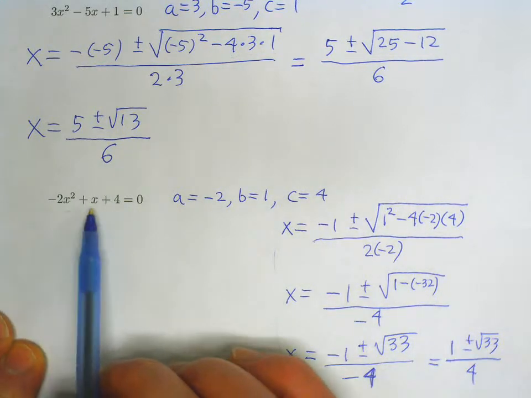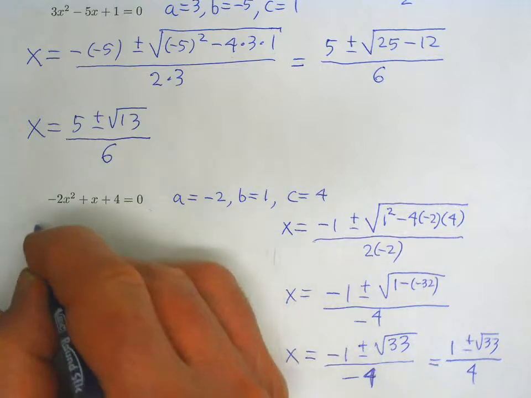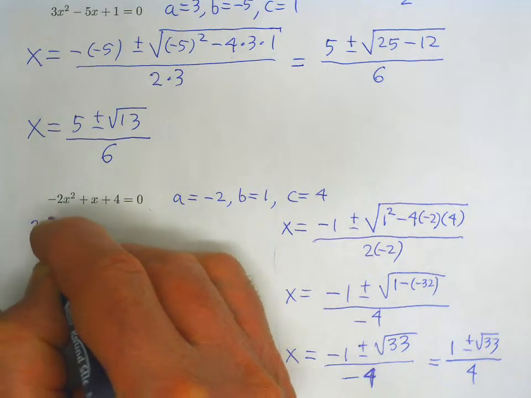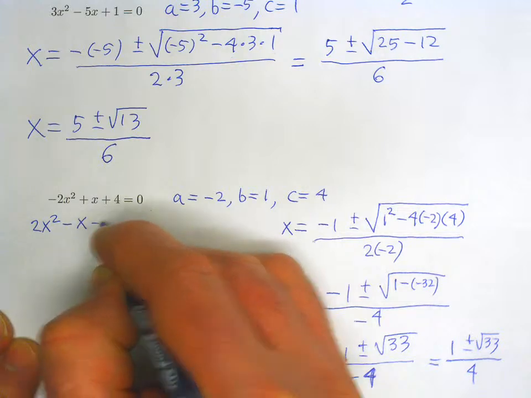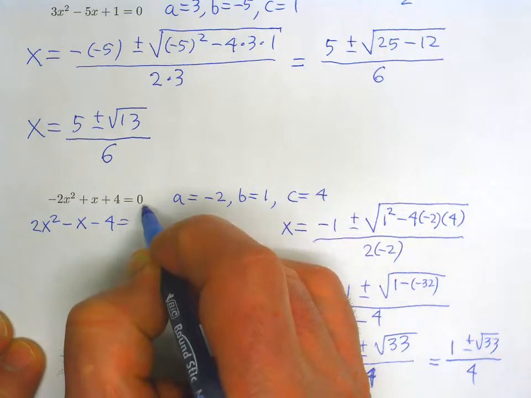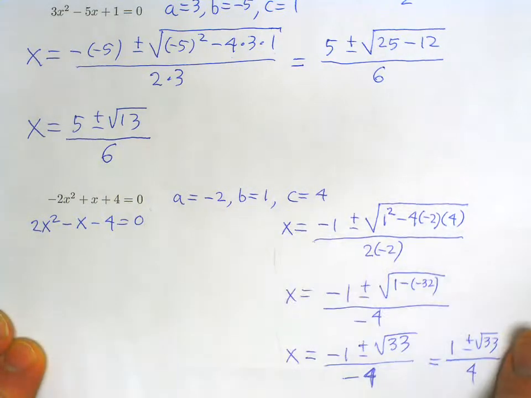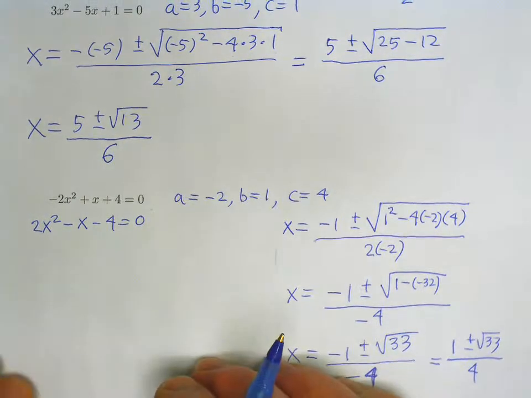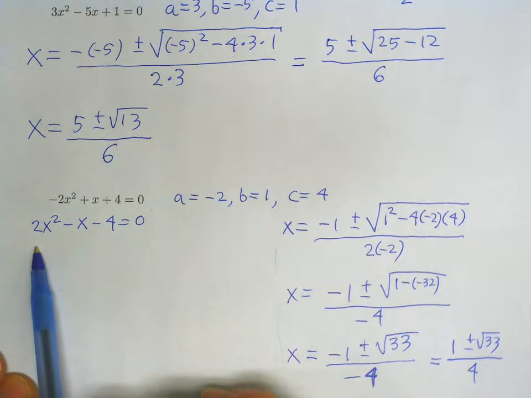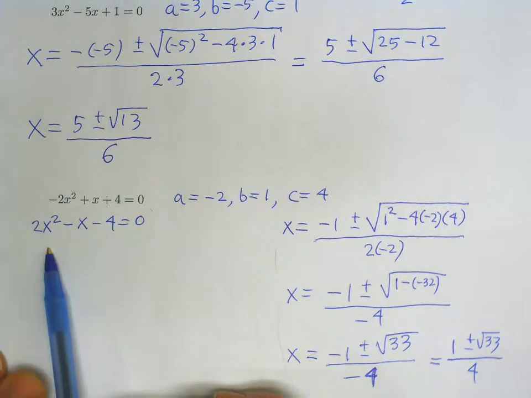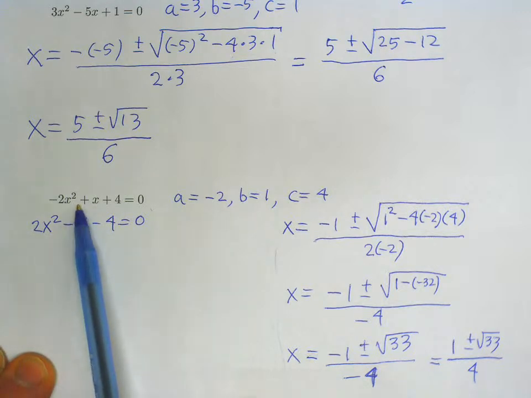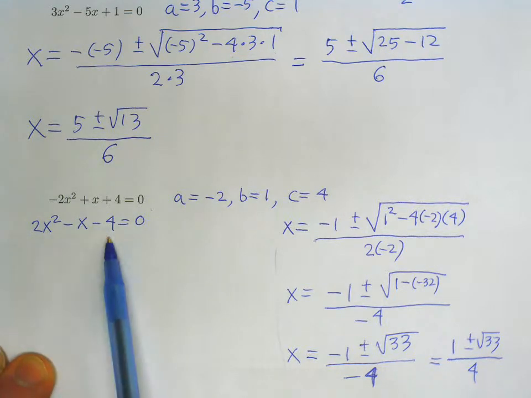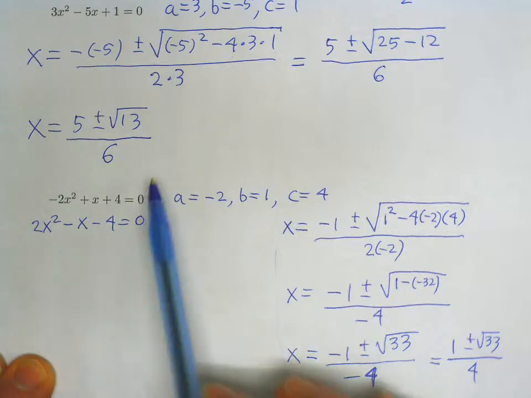So multiply every term on both sides by -1, we get 2x to the second minus 1x minus 4. 0 times -1 is still 0. Okay, so if we solve this quadratic equation, the solutions will be exactly the same as the equation above it, even though the coefficients are the negatives of each other.